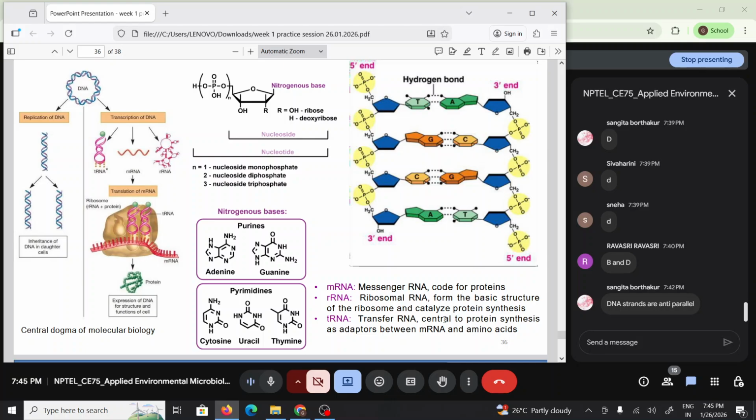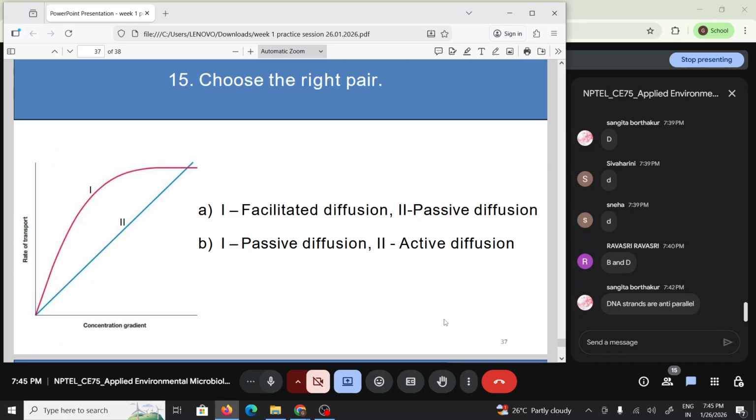And coming to the final question for the day regarding some transport, the pink is 1 and the blue is 2, and this is a graph between rate of transport versus concentration gradient. Based on this, if one is facilitated diffusion, the other would be passive or active.